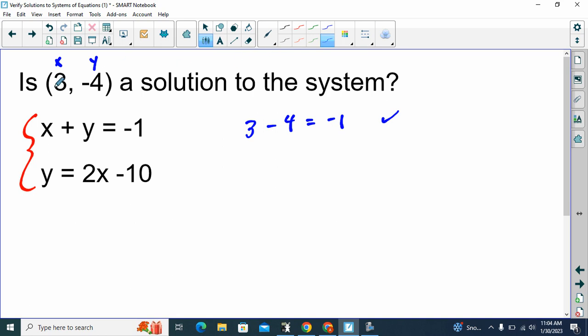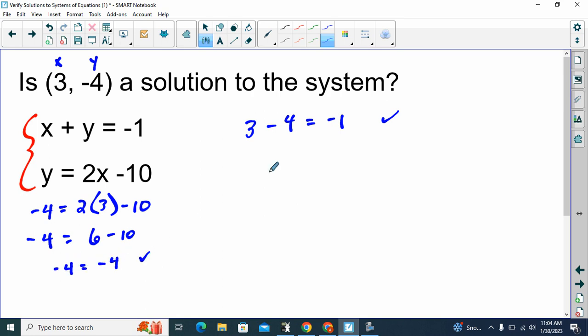So now we're going to take the x and y and plug it into the second equation. y equals 2x minus 10, so -4 equals 2 times 3 minus 10. I put 3 in for my x and -4 in for my y. 2 times 3 is 6. 6 minus 10 is indeed -4.